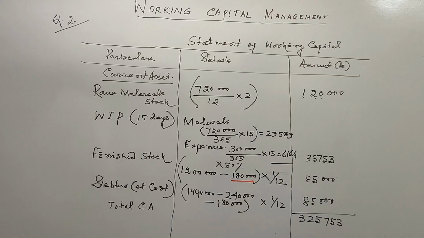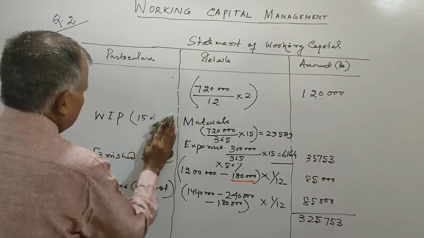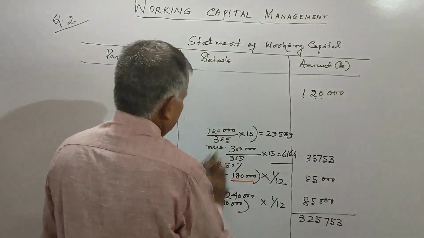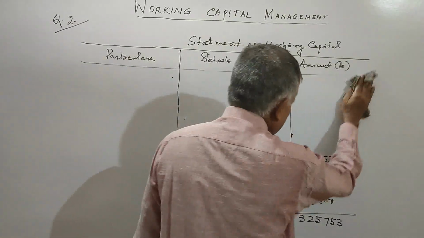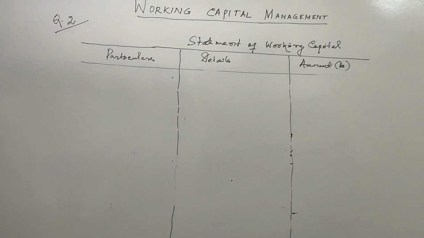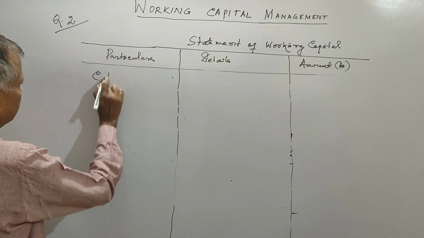Now, this is the total current asset. We have to deduct the current liabilities.